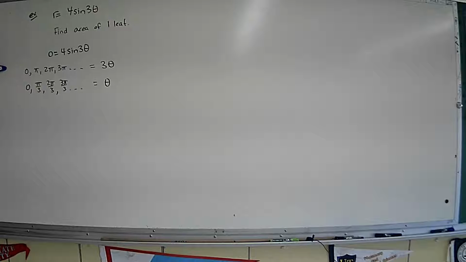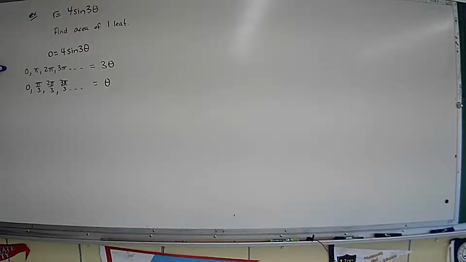So what values of theta are going to sweep out the loop in the first quadrant, or sweep out the leaf in the first quadrant? 0 to pi over 3? Okay, try that just to verify. We good?